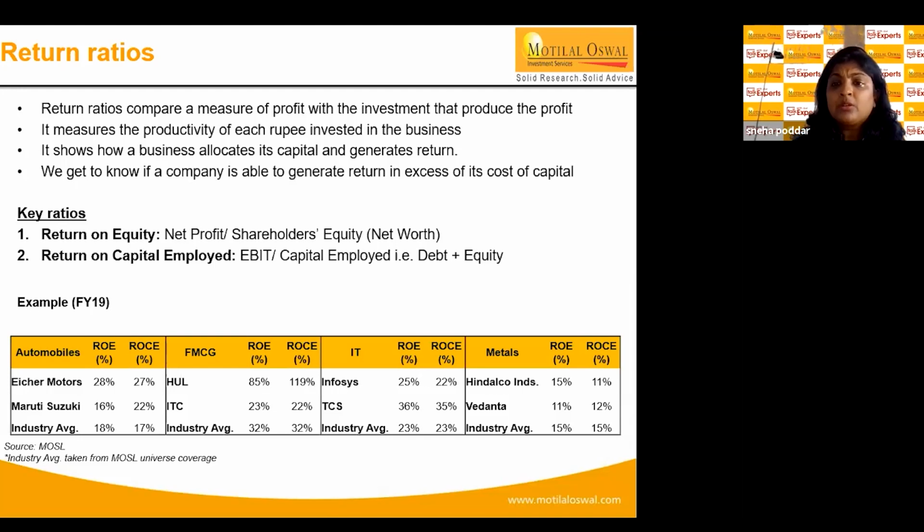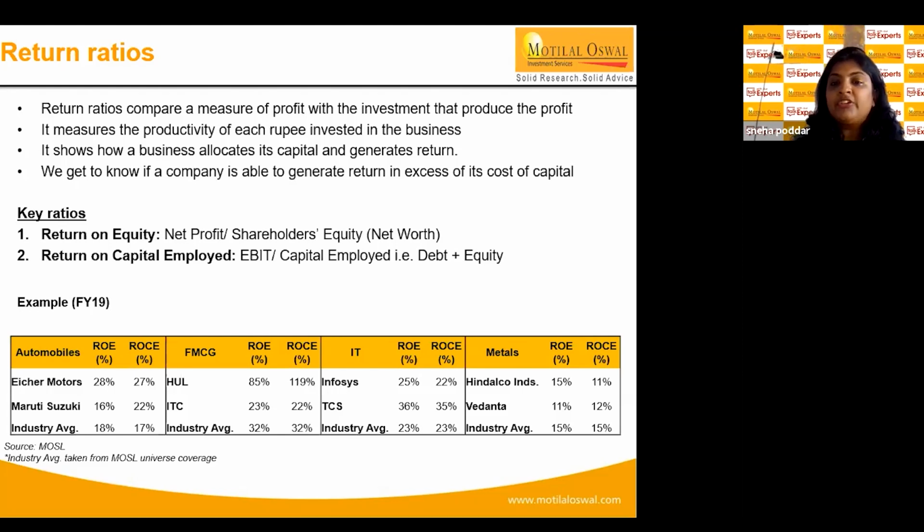So that is affecting the return ratios, because a lot of investment is going into these non-core assets. So within the industry also, you saw how there's a sharp difference between HUL and ITC return ratios. Though ITC's return ratios are very healthy, HUL enjoys much sharper return ratios.